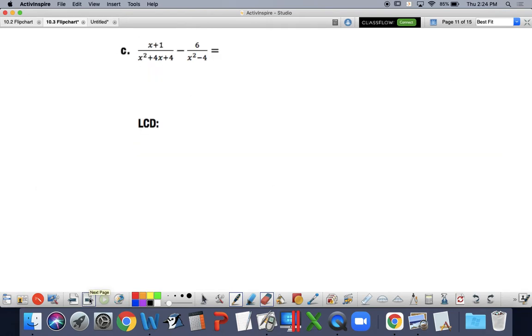Okay, let's go ahead and factor, right? Let's factor our numerator here. It's x plus 2 times x plus 2. This one over here, x plus 2, x minus 2. Let's make this an addition problem and put that negative attached to my 6 up top.